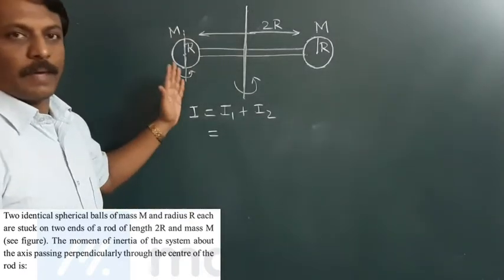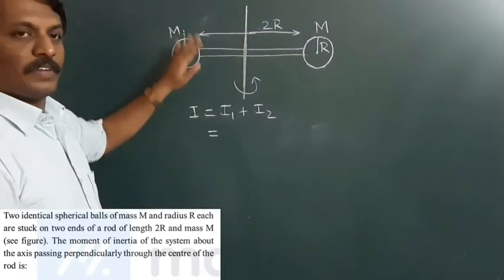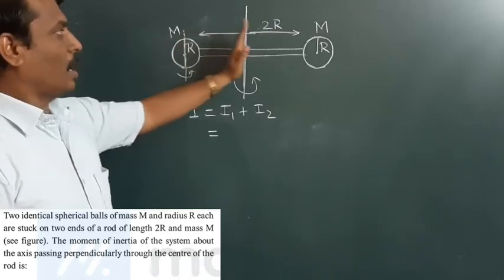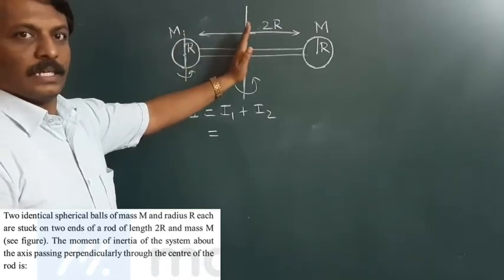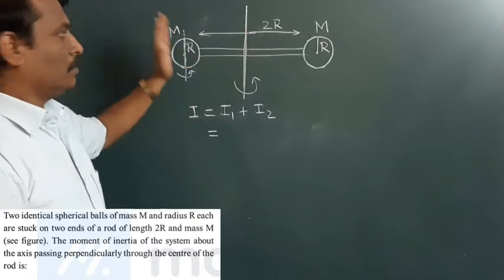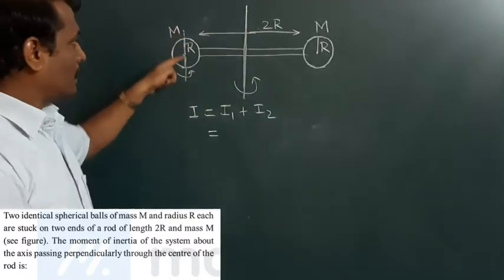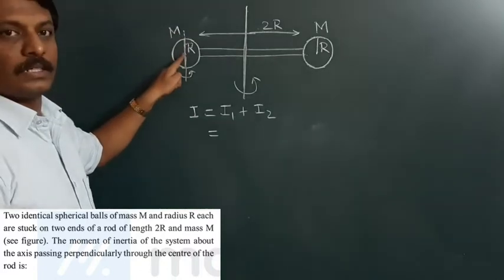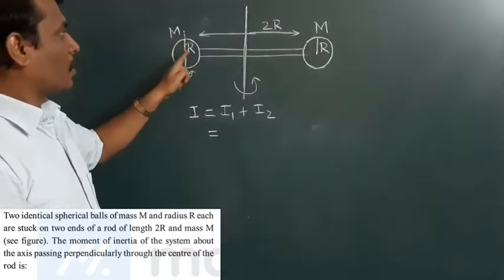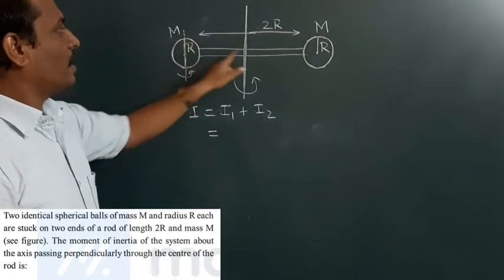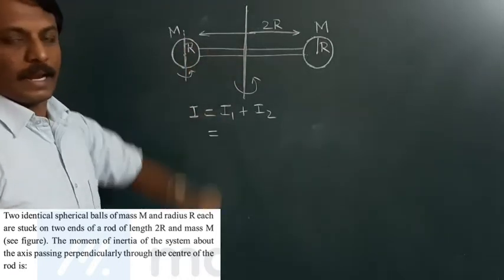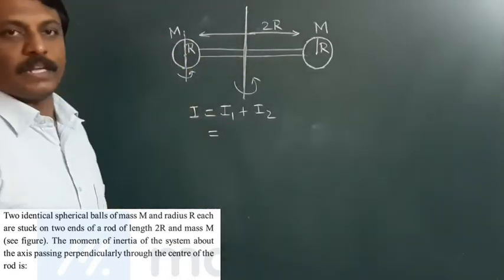You know that according to parallel axis theorem, the moment of inertia of a rigid body about any axis is equal to the sum of moment of inertia about a parallel axis passing through its center of mass plus the product of its mass and square of the distance between the parallel axes, right? So we apply that formula.